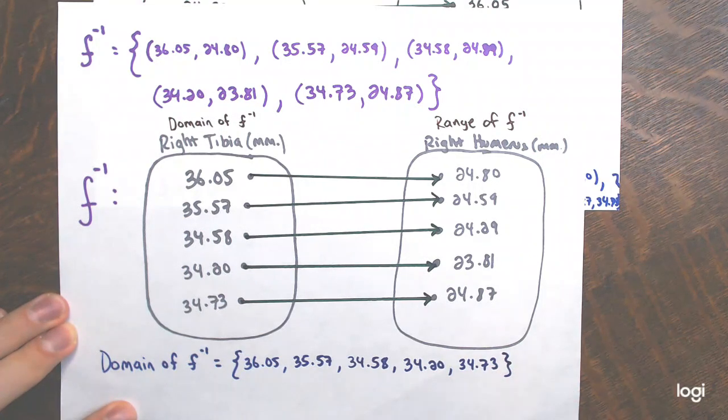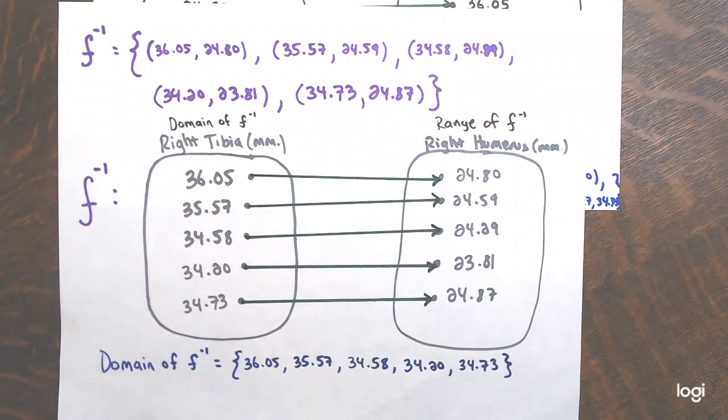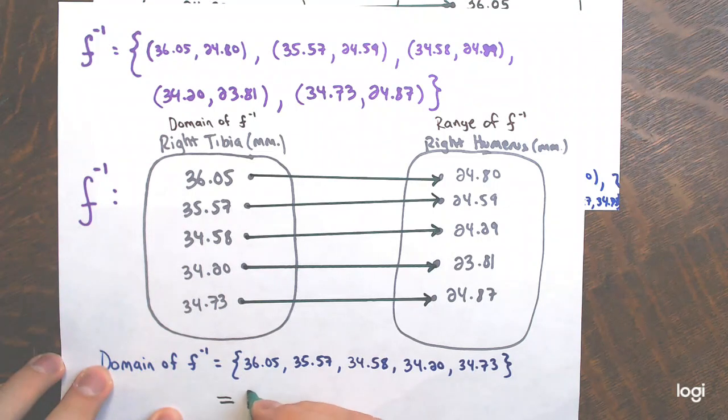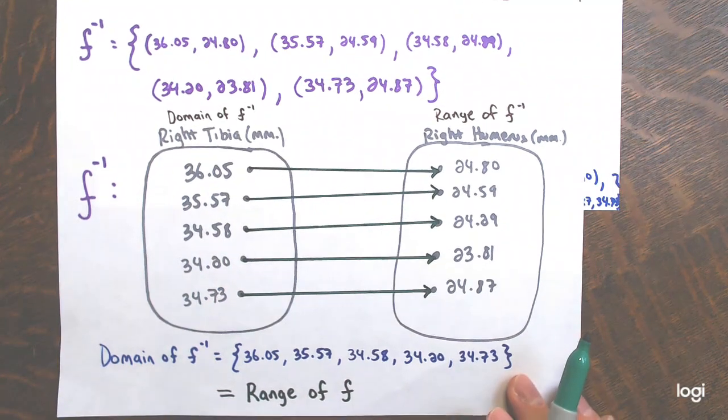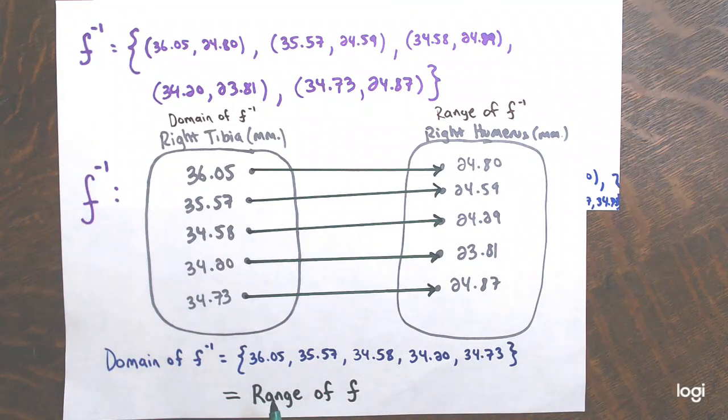Just those 5 values. And as I've said already, this is exactly the same as the range of F. I'll write this out in general later. The domain of F inverse is simply the range of F, the original function.